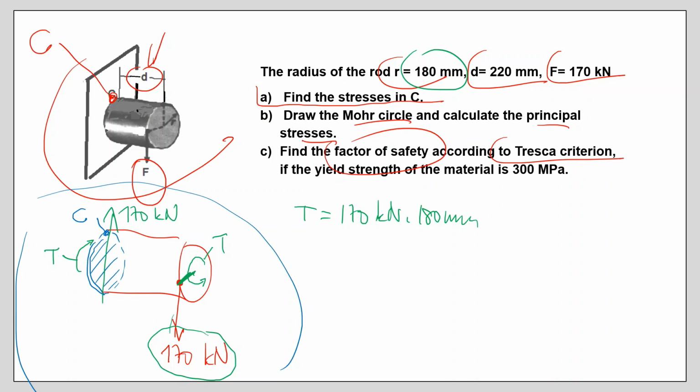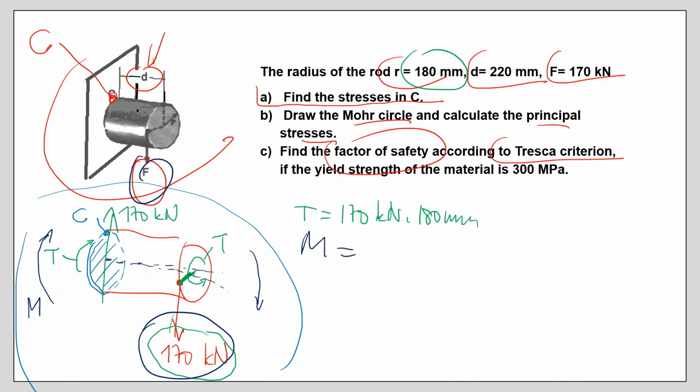Besides, we can draw the longitudinal axis of the rod. So when you apply that 170, this rod will be bent in this direction. So there will also be, for equilibrium, a bending moment over here, and this value is this F times the moment arm, 170 kilonewton times 220 millimeters.